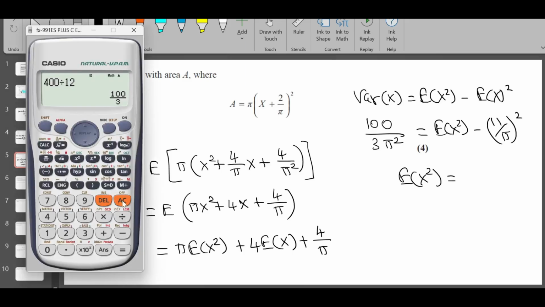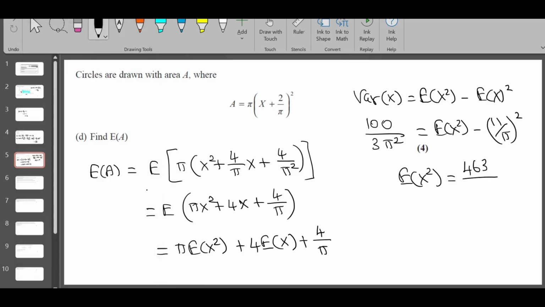You will get both have pi square at the bottom. So 100 over 3, and the negative term comes this side, positive 11 square. That's 463 over 3 pi square.